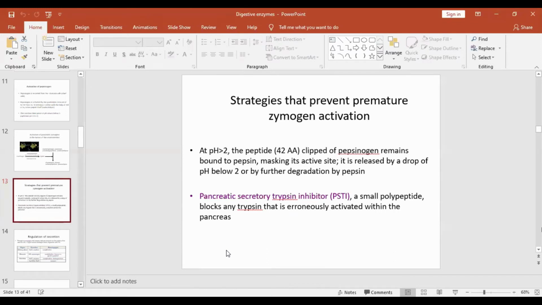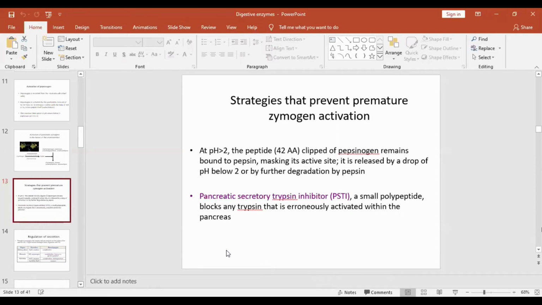So in this way, zymogens are first synthesized in large form, because their active sites are masked by a certain length. Only when that length is clipped off does the active site get exposed and the enzyme get activated.